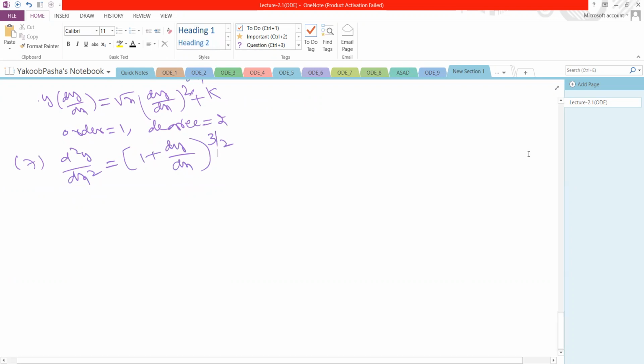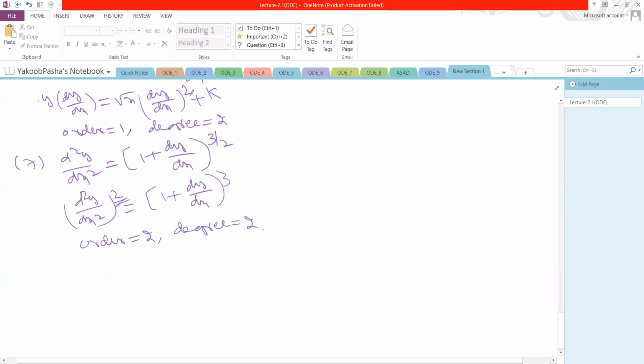Now we need to eliminate the fraction. So squaring on both sides we get d square y by dx square whole square is equal to 1 plus dy by dx whole to the power of 3. Okay. Here the maximum derivative is 2, so order is equal to 2, and maximum derivative power is 2, so degree is equal to 2. Okay.